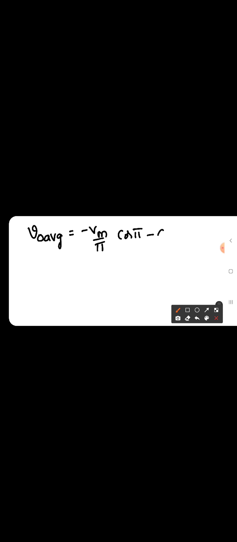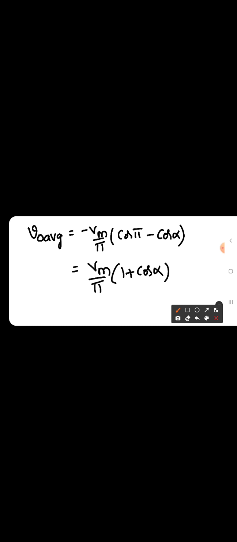We can also write this as Vm by pi into 1 plus cos alpha, because cos pi is minus 1: minus into minus gives plus, and minus cos alpha into minus gives plus cos alpha.